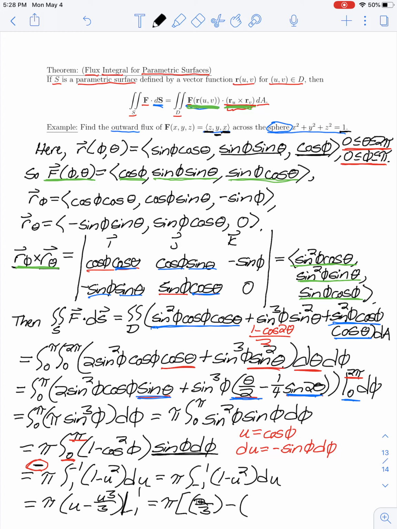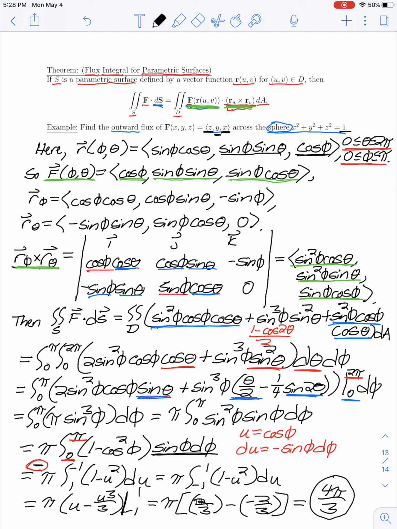Minus, when we plug in negative 1, we have negative 1 plus 1/3, so subtracting a negative 2/3. And so altogether we are left with 4/3 pi, or 4 pi over 3, for the flux of that vector field across this unit sphere.